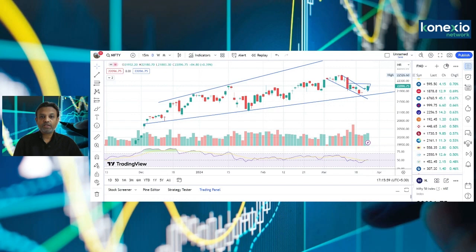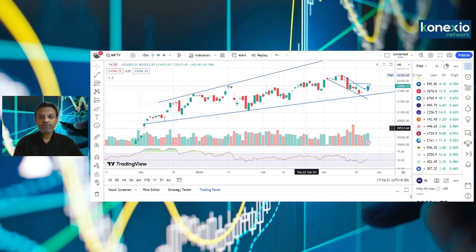No deviation of the trend means the trend is still intact. That is positive. You can clearly see multiple times it has taken support from the lower support trend line, and Nifty has bounced 3 times from those particular levels. So this trend line could be considered an important support for the markets, specifically for the Nifty.